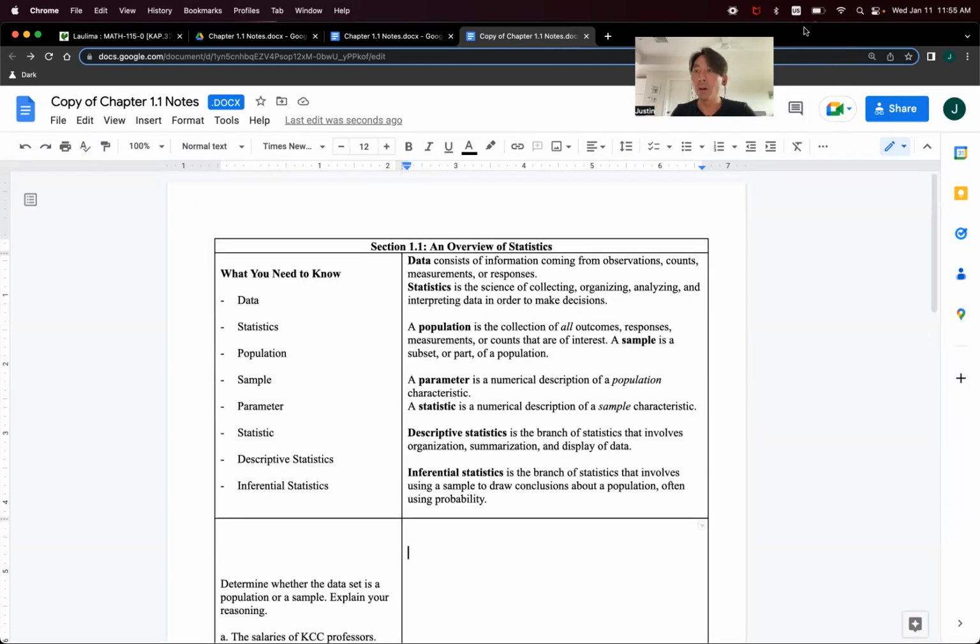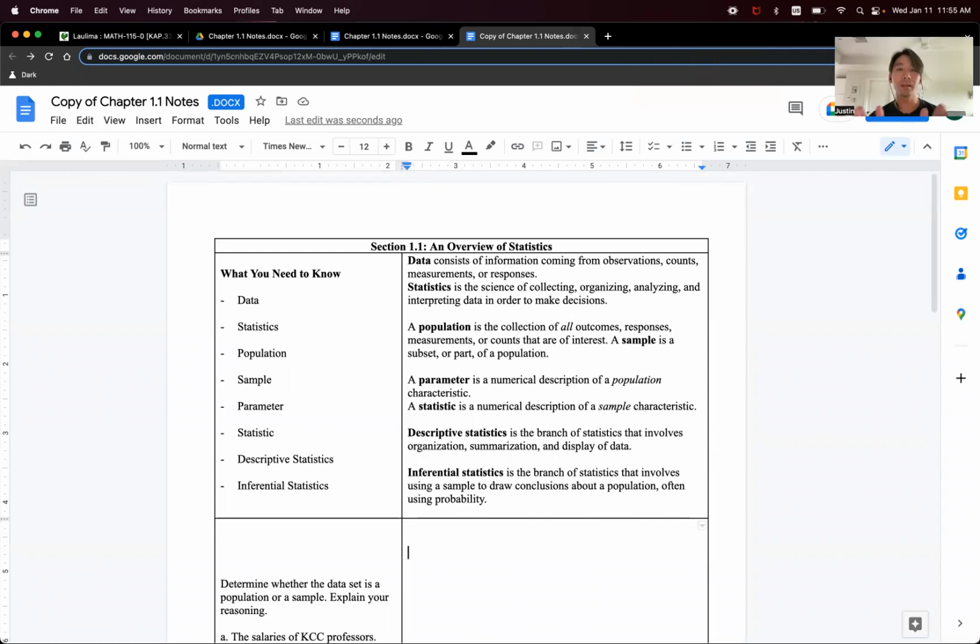Okay, so anyways, here we go. This is 1.1, an overview of statistics, and this section really is exactly what it sounds like. It's an overview. It's pretty straightforward, I think, but there are a couple important things that we need to know that are really going to play a big part for the whole course.